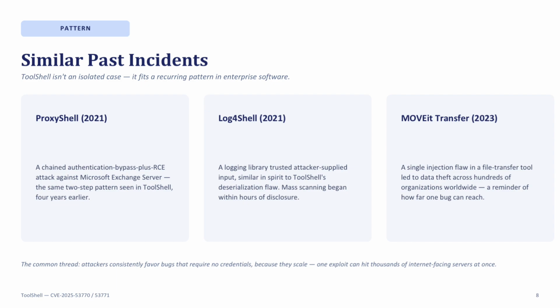Mass scanning began within hours of disclosure. MOVEit Transfer, 2023: a single injection flaw in a file transfer tool led to data theft across hundreds of organizations worldwide, a reminder of how far one bug can reach. The common thread: attackers consistently favor bugs that require no credentials because they scale. One exploit can hit thousands of internet-facing servers at once.